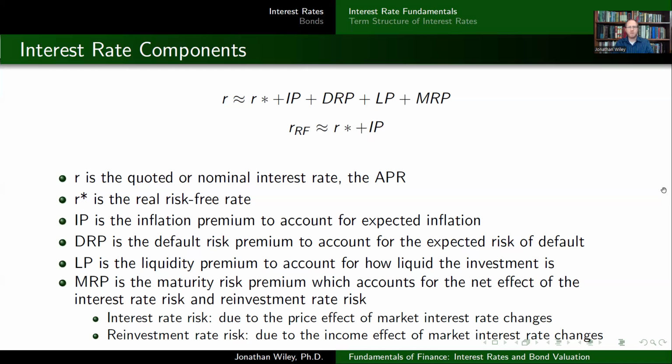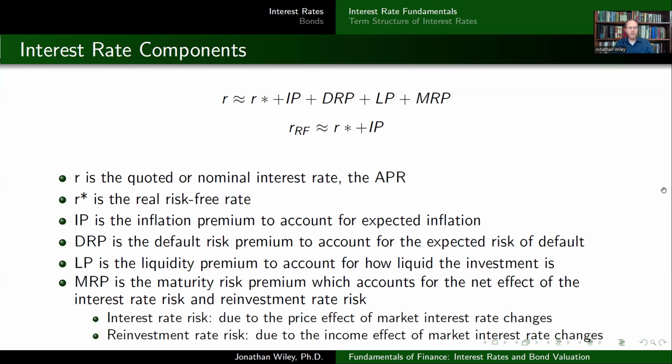Now, that was in a completely perfect world with no risk, no inflation, and complete certainty you're going to be repaid. So now let's add in a little bit more uncertainty and incorporate inflation. Inflation accounts for the fact that over time things cost more. If I lend you money for a year, one thing I need to factor in is that when I get the money back, it won't buy the same amount of stuff because things are going to cost more in a year.